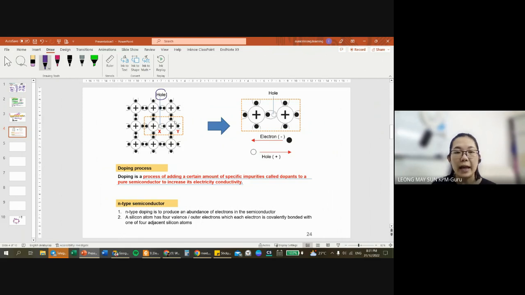Then an electron from a neighboring atom, which is this one, will jump to fill up that empty hole. So when it moves towards the left, the hole will move towards the right. This is how free electrons and holes become charge carriers. Charge carrier means they allow the charges to move.